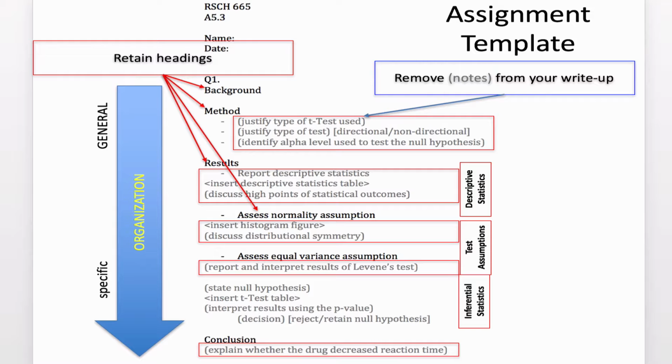So in your method, discuss how you justify the type of t-test that you're going to use. Is it going to be a directional or non-directional hypothesis test? And what alpha level are you going to use to test the null hypothesis? Unless stated elsewhere in this course, all alpha levels are at alpha equals 0.05.